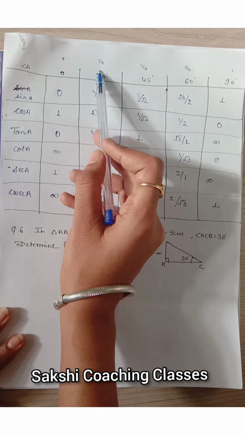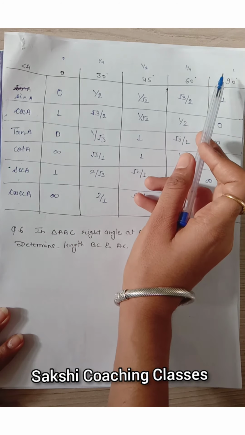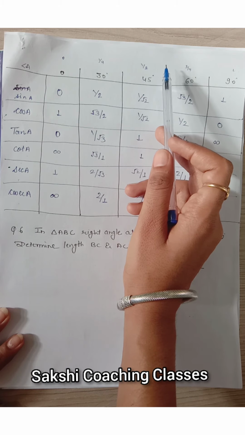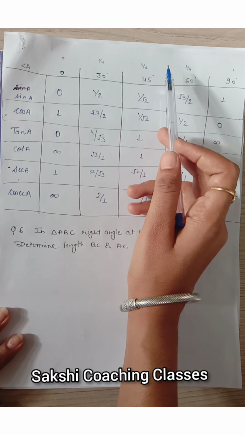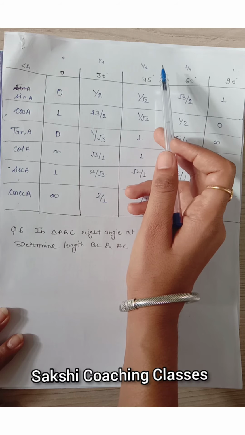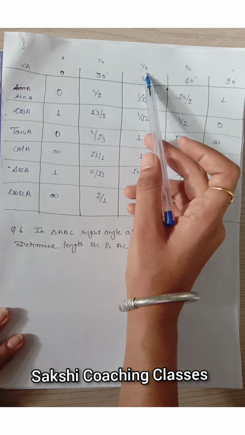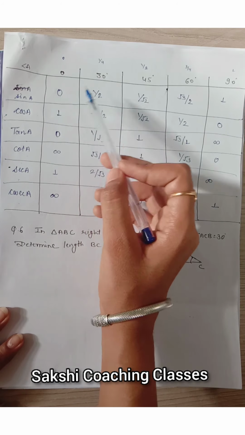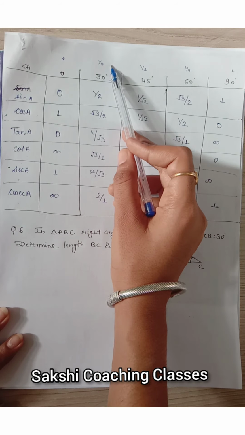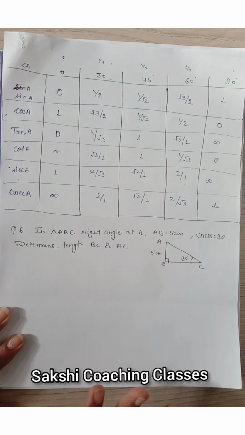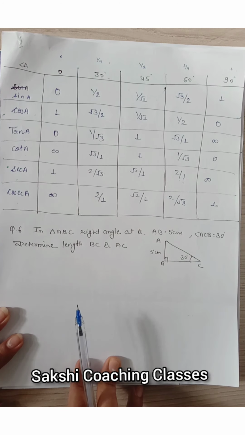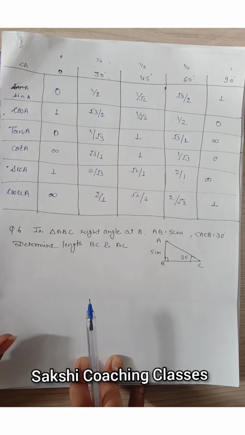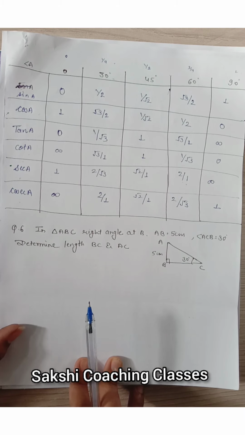First 0, 1/4, 1/2, 3/4, 1, these are all the parts of 0 to 1. ठीक है, it's a rational number. So sin A: for root of 0, 0; for 30, root of 1/4, it's 1/2; root of 1/2, 1/√2; root of 3/4, √3/2; and root of 1 is 1.